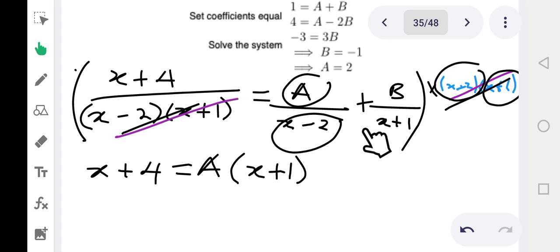So b over x plus 1 times x minus 2 times x plus 1. So x plus 1 and x plus 1 will divide. I'm going to remain with x minus 2 times b. You understand that, right? So that's very simple. So there's a plus here, so I'm going to have a plus b, x minus 2.